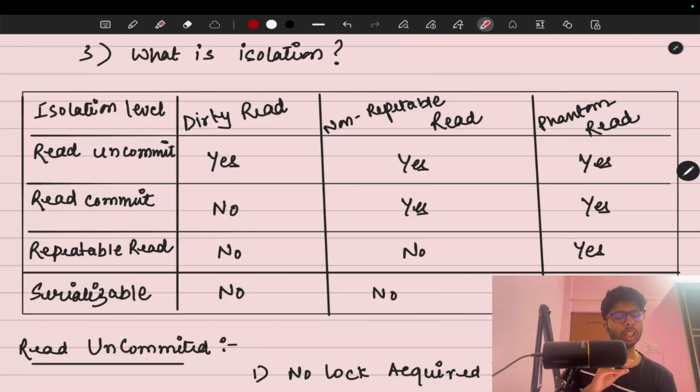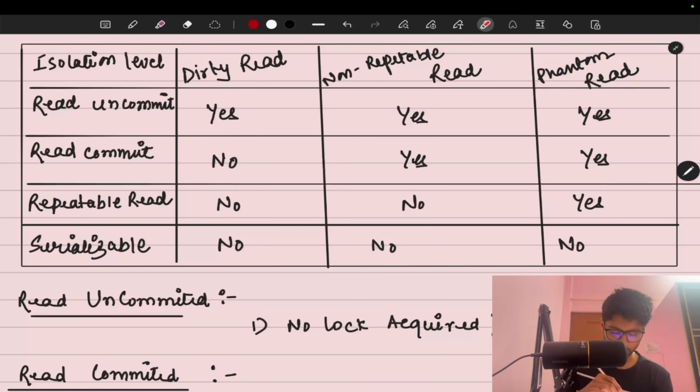So if we cover the point of read uncommitted, read uncommitted is saying no lock acquired, either shared or exclusive. These locks I explained to you in my previous video of DB locking. So in read uncommitted we run into the problem of dirty read, non-repeatable read and phantom read. These things I explained to you in my last video.